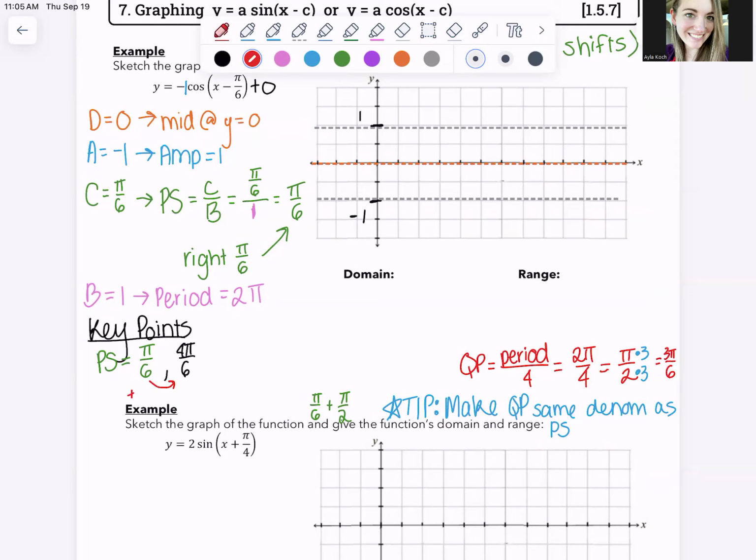And I added our quarter period, which was pi over 2 or 3 pi over 6. And then just keep on adding 3. So 4 plus 3 is 7 pi over 6. 7 plus 3 is 10 pi over 6. Now I have 4 points. 10 plus 3 is 13 pi over 6.